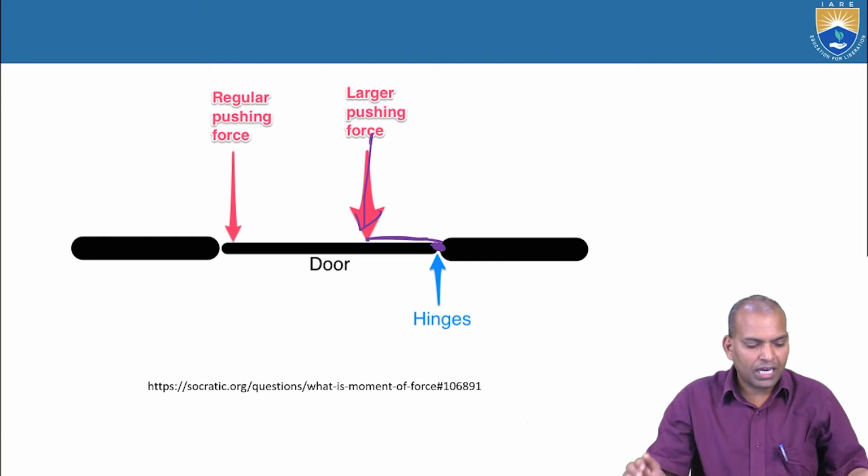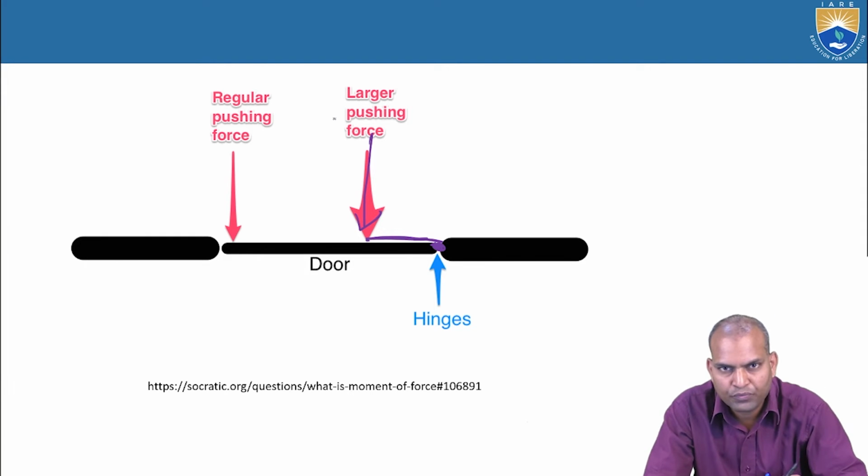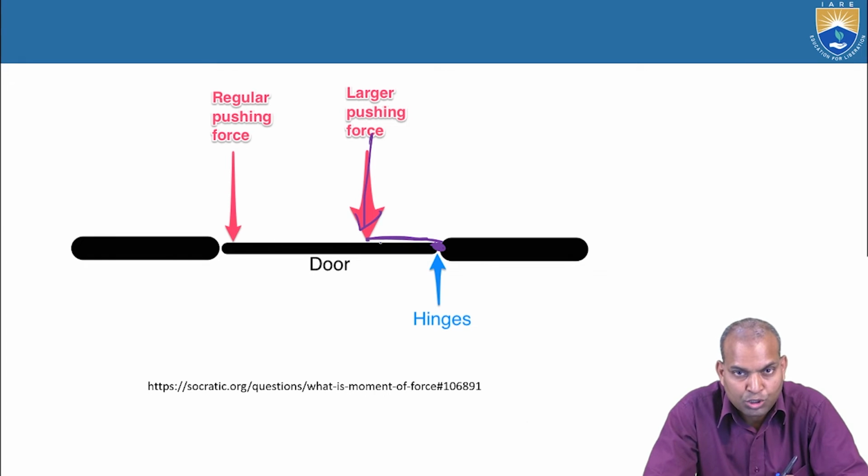So a larger pushing force is required when the perpendicular distance between the action of the force and the pivot point is smaller.